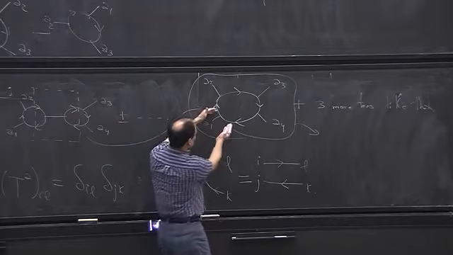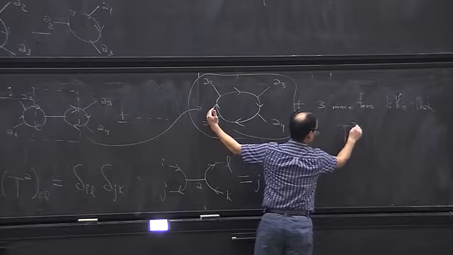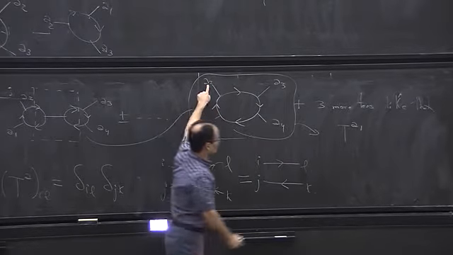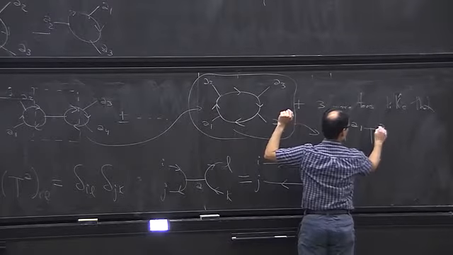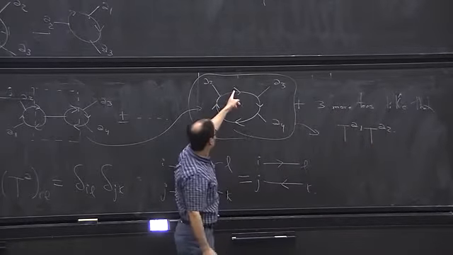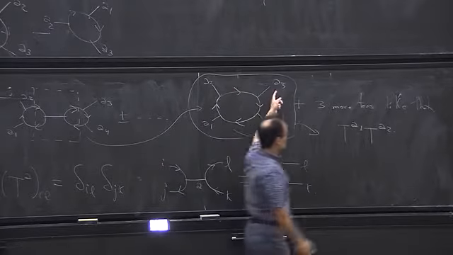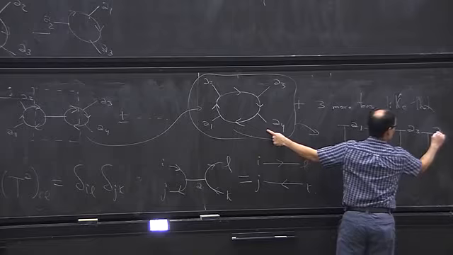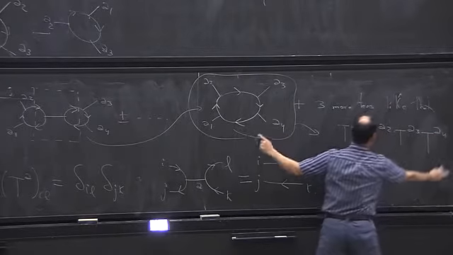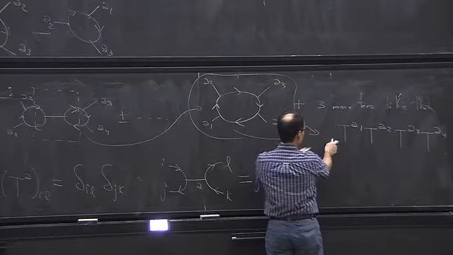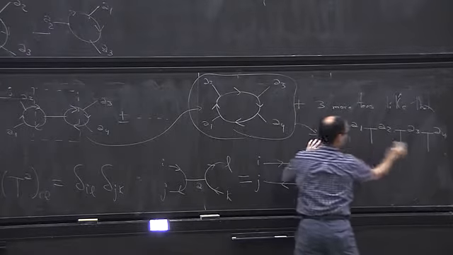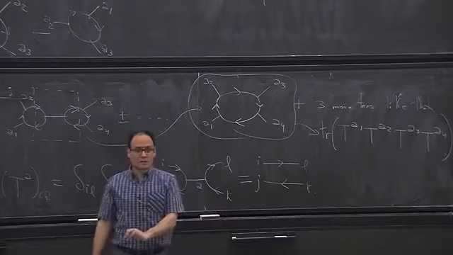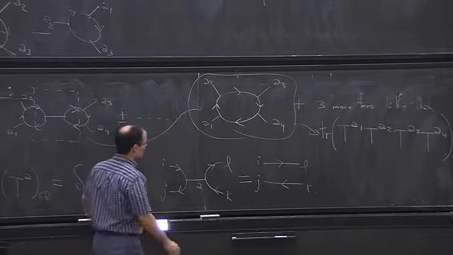This is T^{a1} with an index ij, but j is contracted with the index for the element T^{a2}, but the leftover index is contracted with T^{a3}, and that one with T^{a4}, and the last index is contracted with the first index here, which means that we're doing a trace. So this diagram is nothing but a trace of all these generators. Okay?